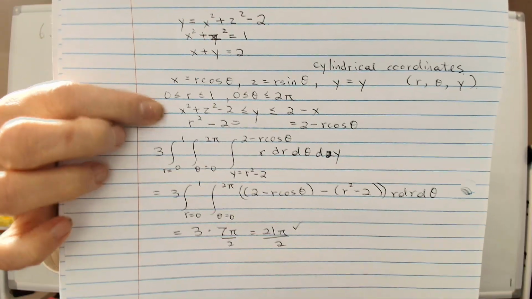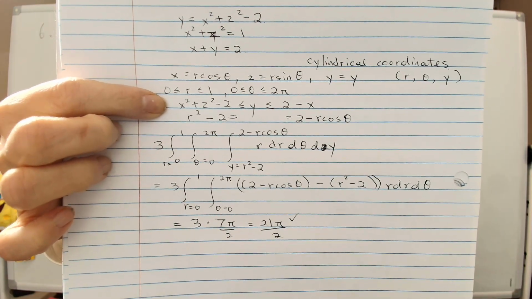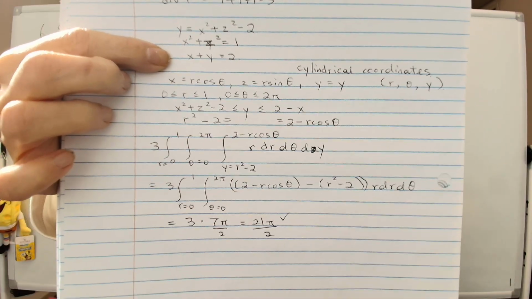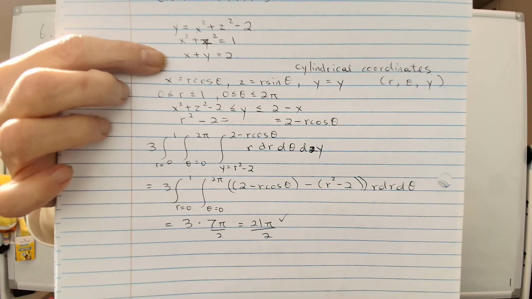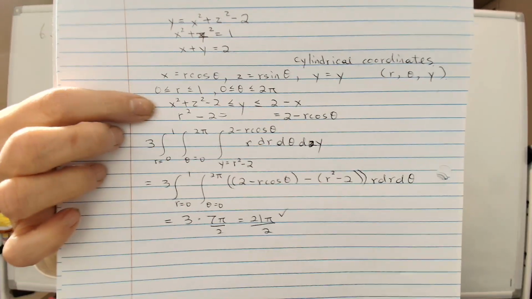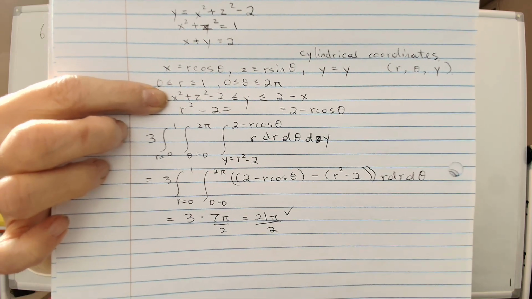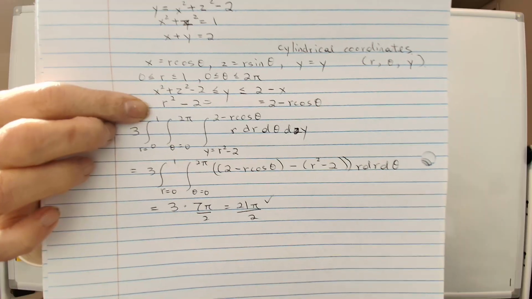So as you can see here, y at the bottom is the paraboloid, and the top is the plane. Where the plane is written like this, right? So y is less than the plane, which is y equal to 2 minus x. So once you have it, this is a paraboloid, the other one is the plane, and together you have the proper restriction for y.